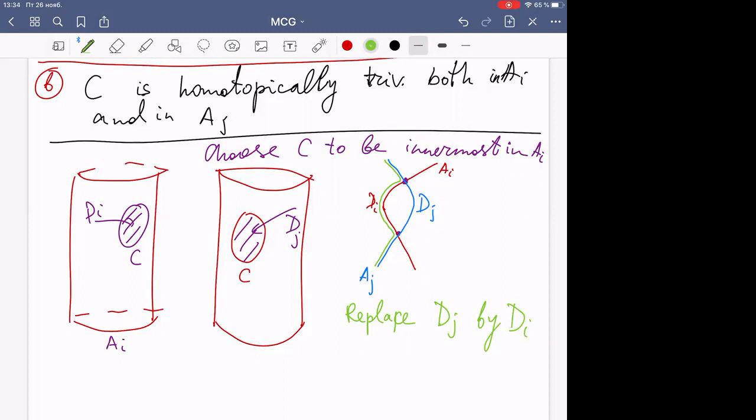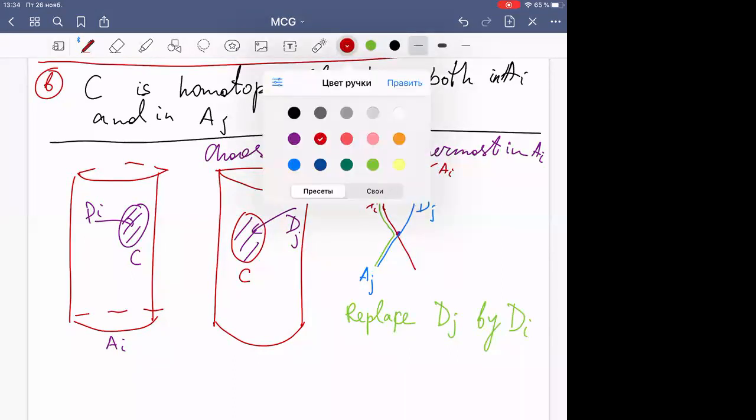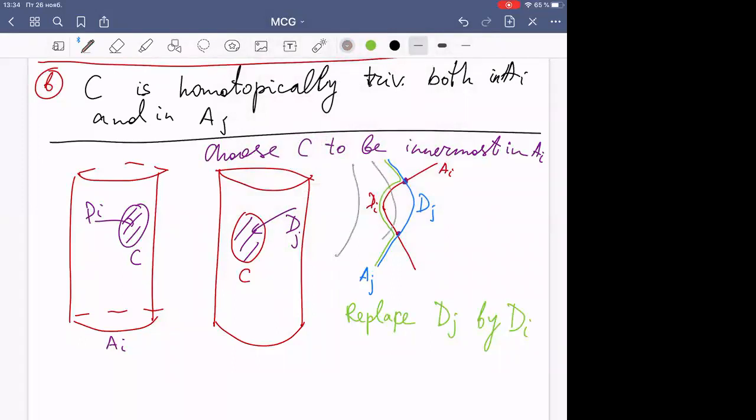But again, there is a problem that it is possible that AI is allowed to intersect certain AK, and so the problem is the same, that there can be some AK here which is allowed to intersect with AI such that gamma I and gamma K are not disjoint, but gamma J and gamma K are disjoint.